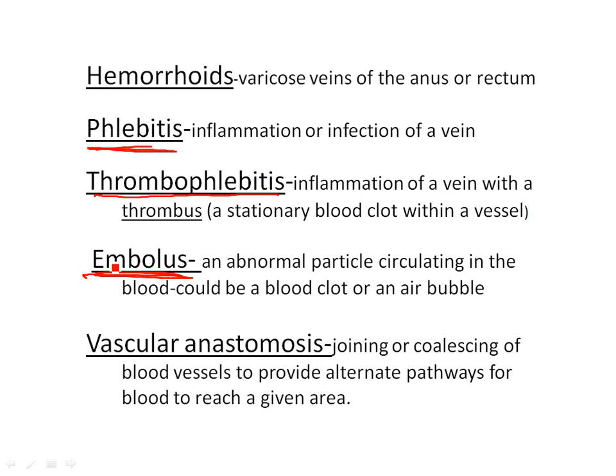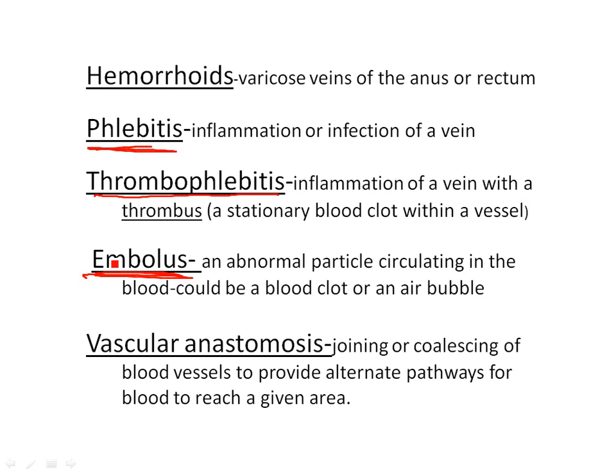But those will abnormally break off and start circulating around, and then they have a tendency to lodge in some vital organ, and they can actually kill you. You call this an embolism. When you have that sudden breaking of it, it's like, oh, she had a pulmonary embolism. That would mean you had a blood clot break off, go to the pulmonary region somewhere in your lungs and cause a blockage, and it can kill you. So those are very dangerous.